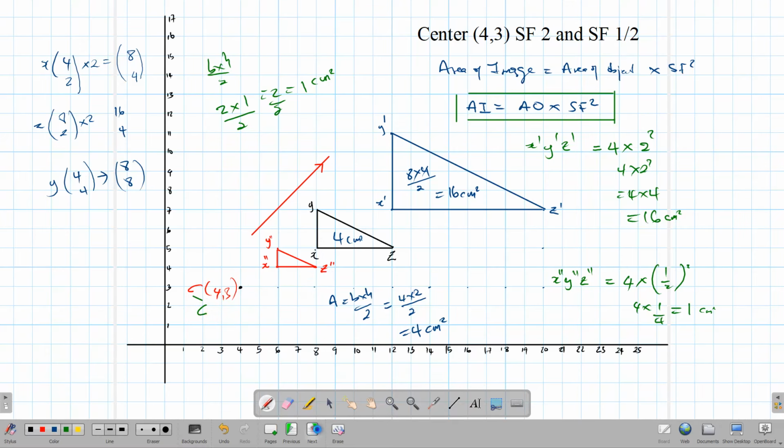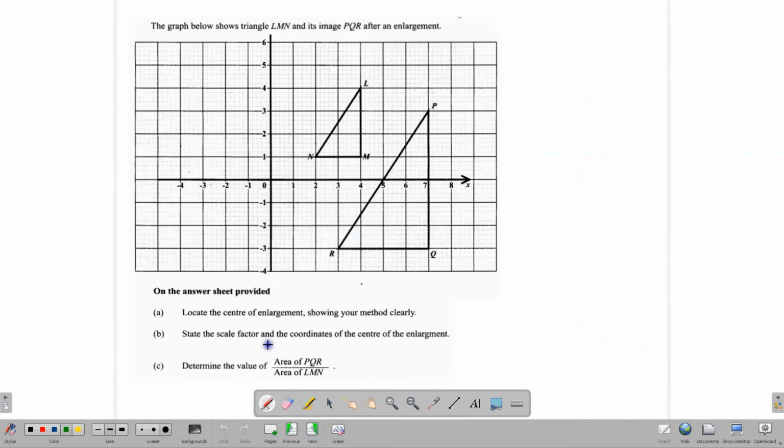All right, now let's look at some questions from CXC that will help us to do some other stuff. So this question is saying that we should locate the center of the enlargement, showing your method clearly. Now, to find the center of the enlargement, what you simply do is connect corresponding image points and draw a long straight line through it. So LMN and this image PQR.